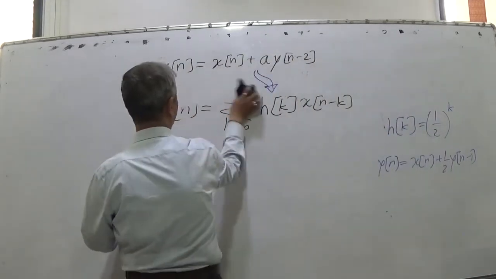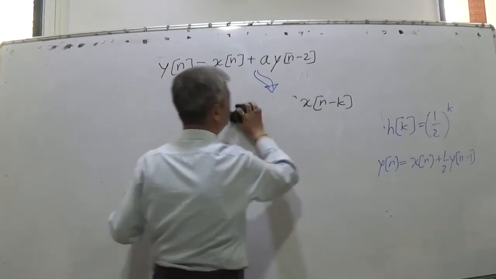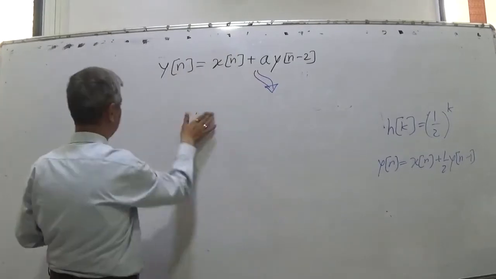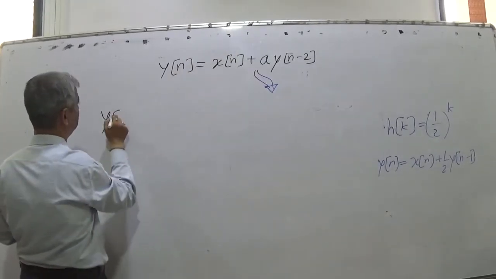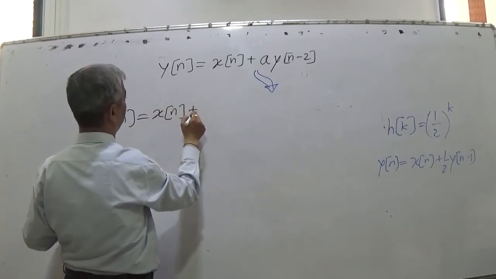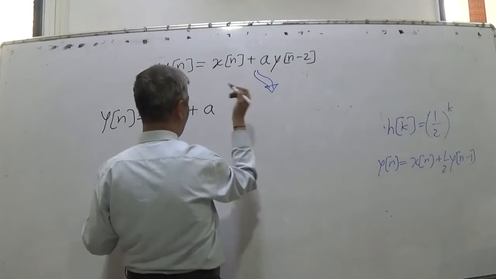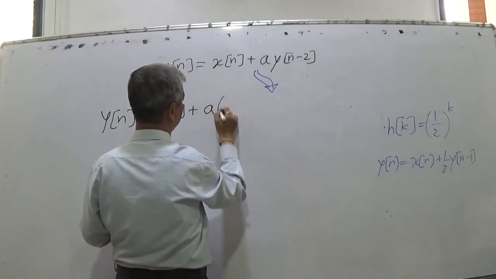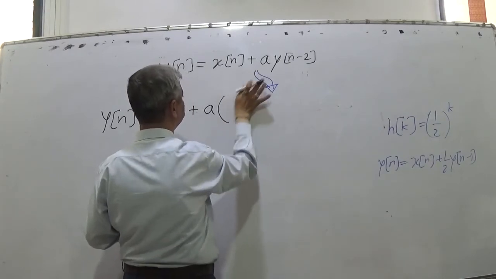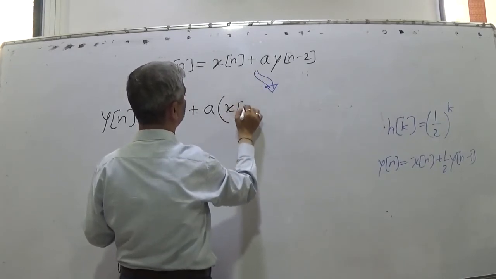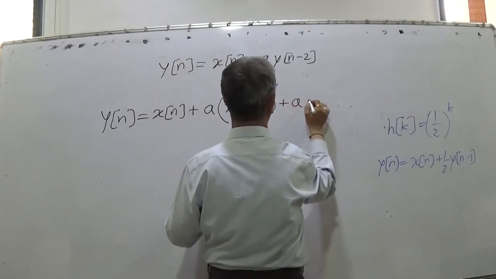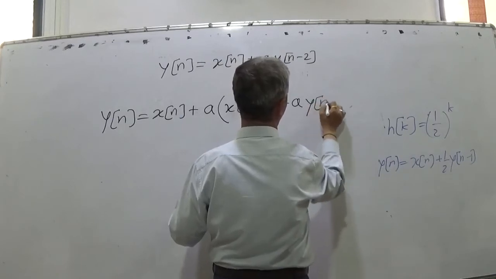So here I have yn minus 2. So I will write yn is equal to xn plus a into yn minus 2. yn minus 2 is xn minus 2 plus a y of n minus 4.